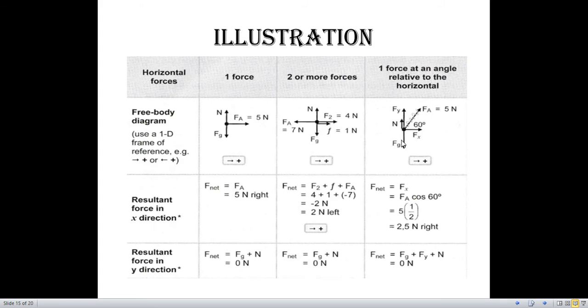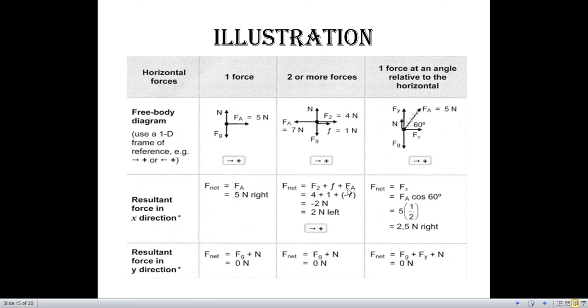And then we also have a scenario whereby the force is at an angle relative to the horizontal. You see, this is your y-axis component, and then your x-axis. This is your component of the applied force. And then you look at the resultant here. In this case the F net is going to be equal to the applied force plus the frictional force.